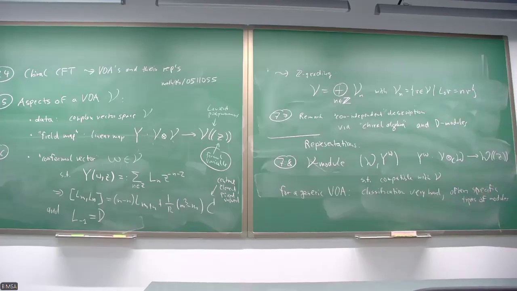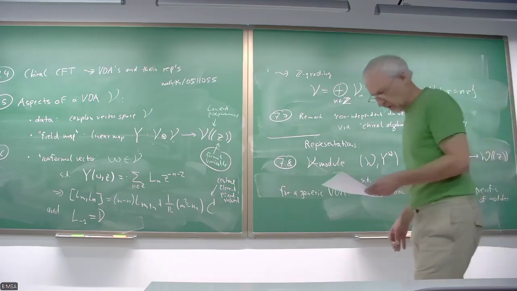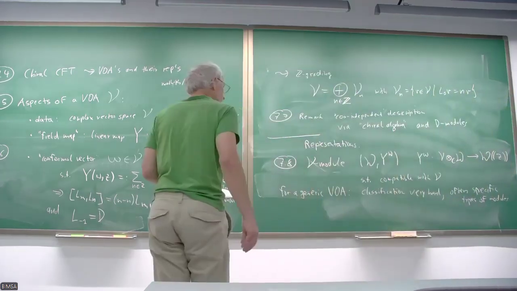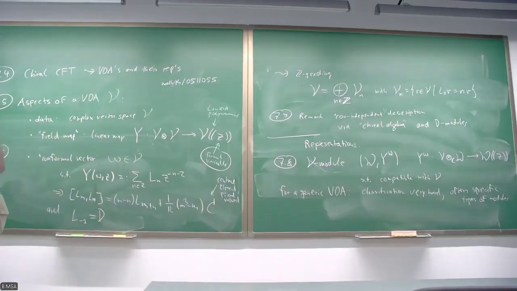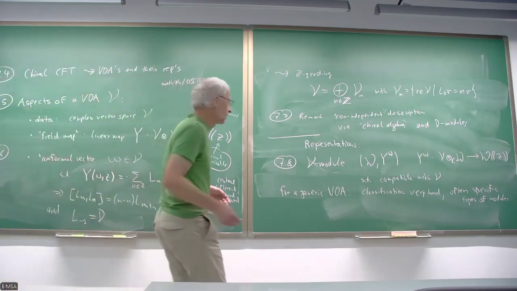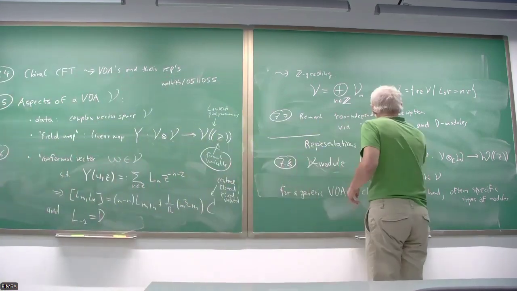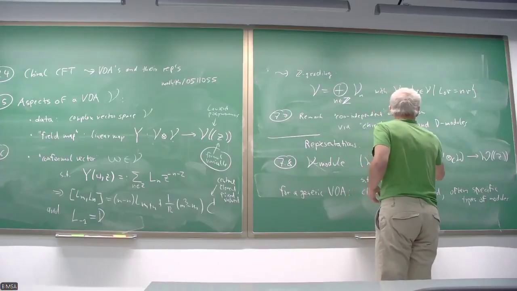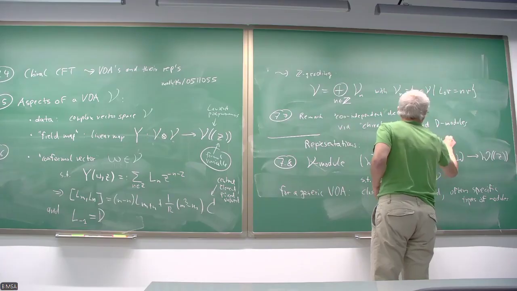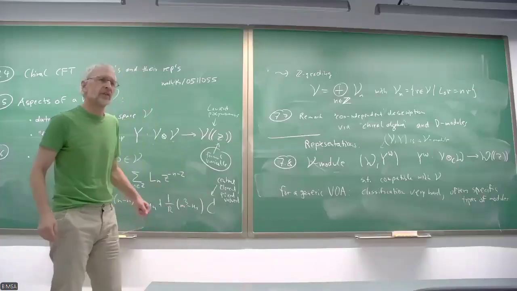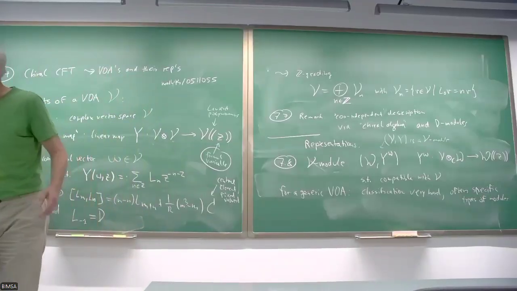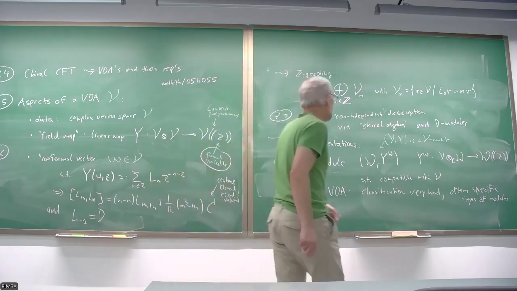So the objects are the modules, and the morphisms are suitable intertwiners. Not only that, there's one easy module that we always have, namely the vertex algebra itself, just like the regular representation of an algebra.